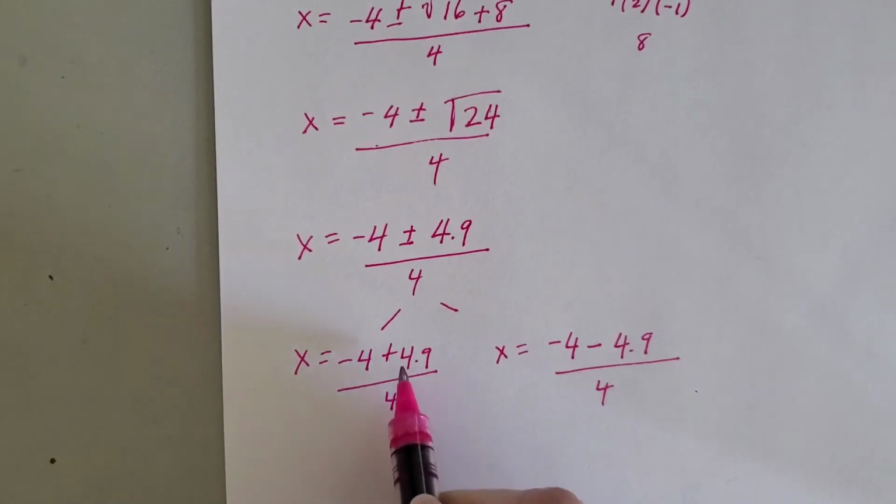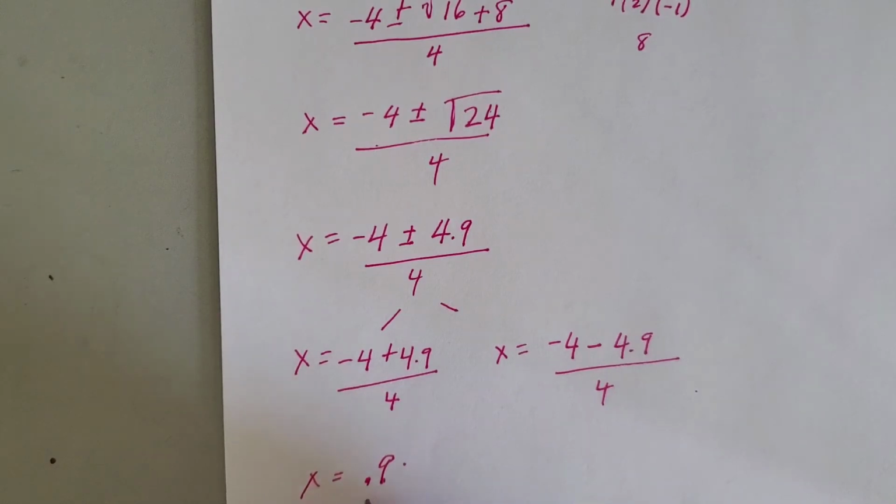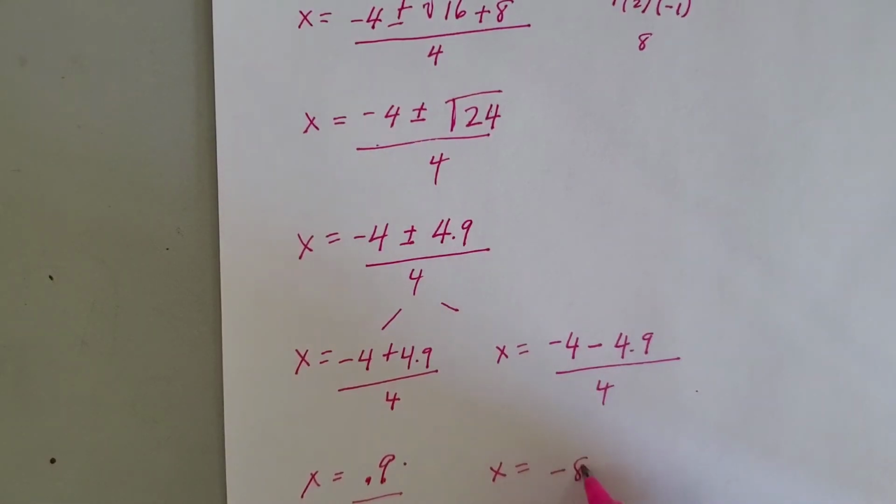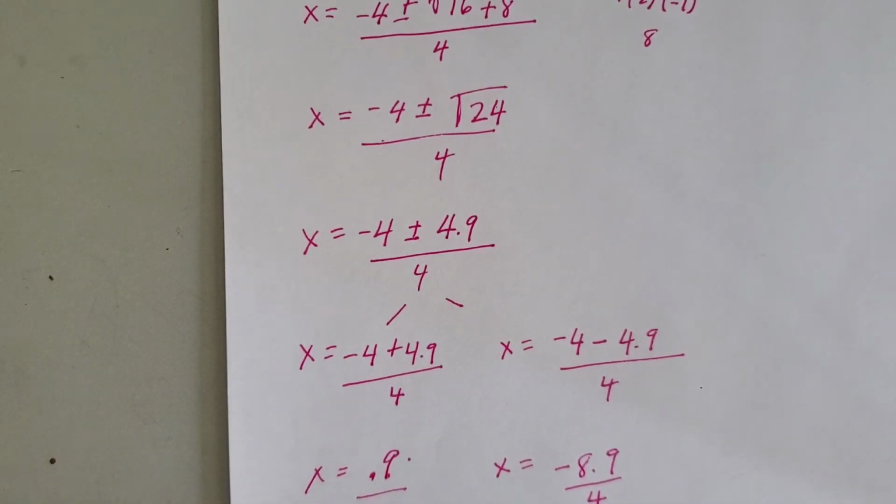A -4 and a positive 4.9 is a positive 0.9 divided by 4. And here, this would be a -8.9 divided by 4. Again, I'm going to leave the division up to you because I can't use a calculator. It's on my phone. And you're going to figure these two out, and those would be the solutions. Again, if you graphed, that's where the graph would cross the x-axis.